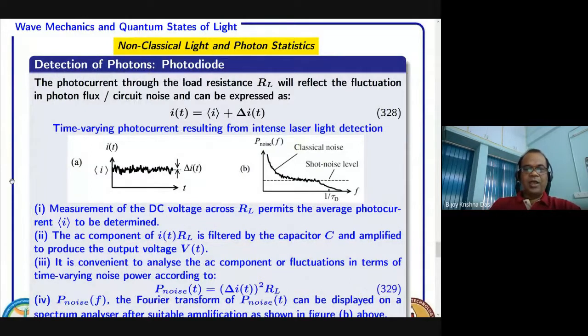So this is a real practical experimental result obtained by a photodetector with certain intense laser light.